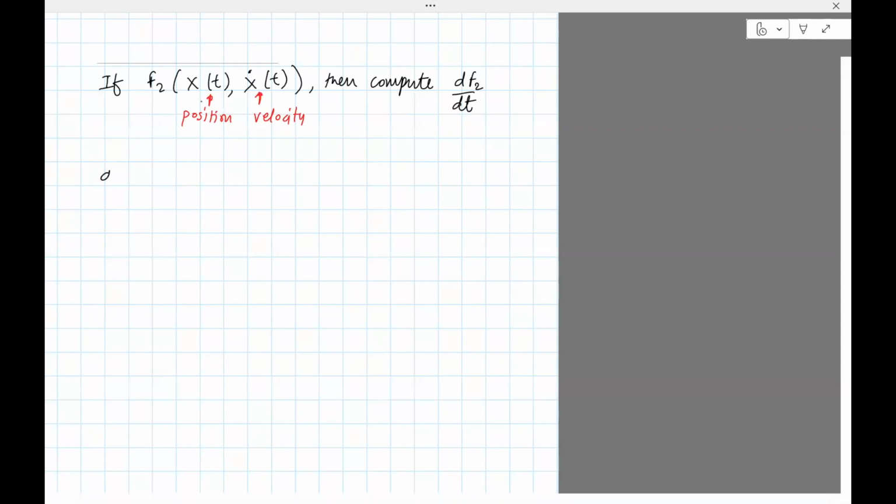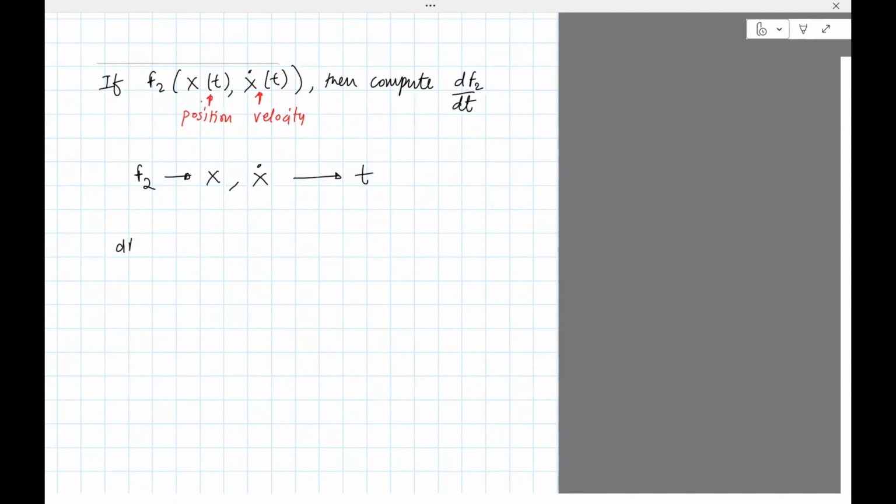Yes, so this is how you would proceed. I like to again write it in this fashion. F2 is a function of x and x dot, as it is, but both these are functions of t.